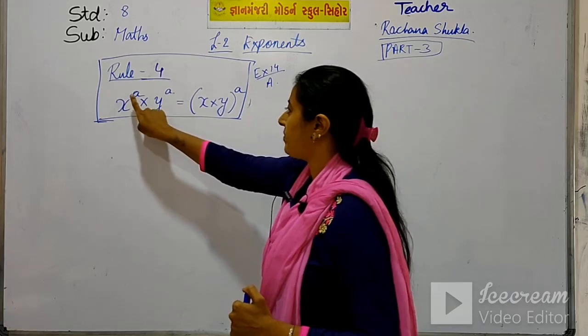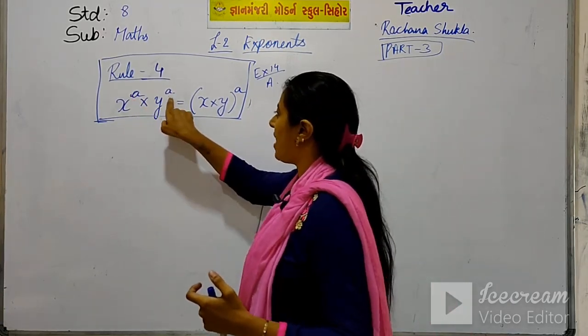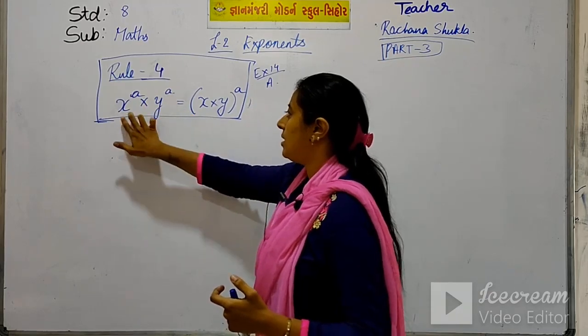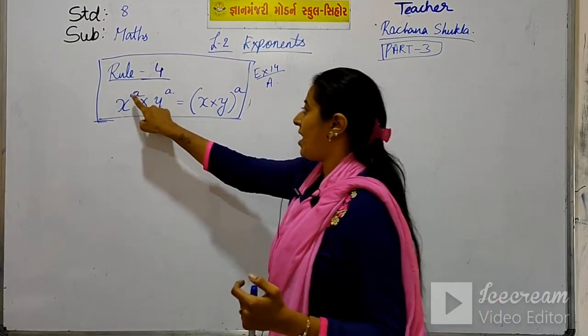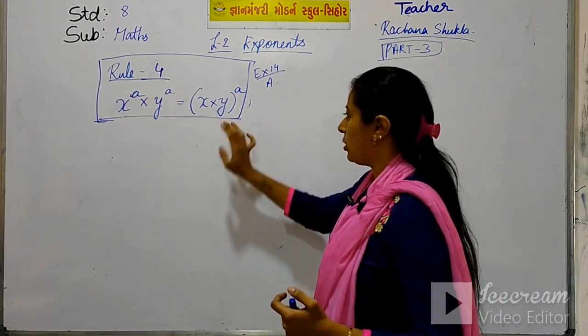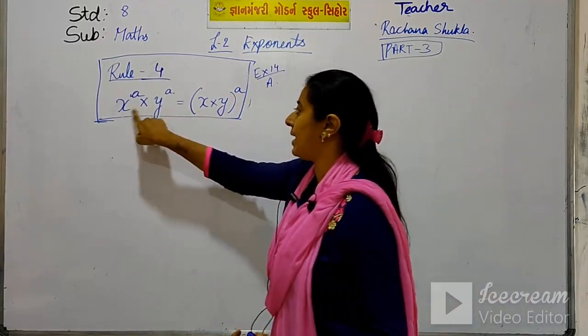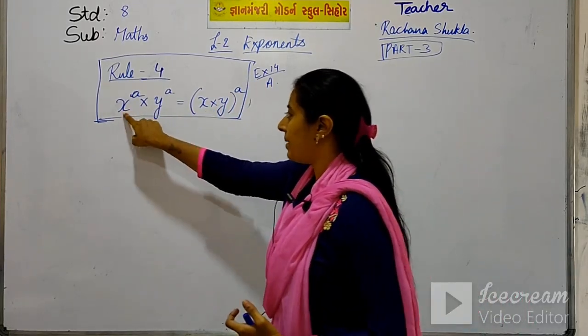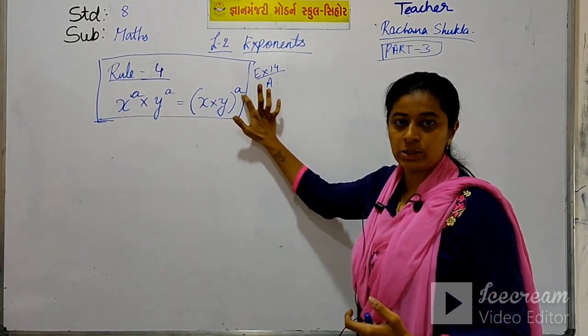You can see the powers are common, that is A and A. The bases are different, X and Y, but the powers are common. So you will put the power as common and multiply the bases.